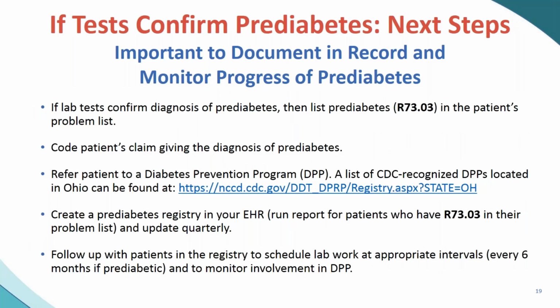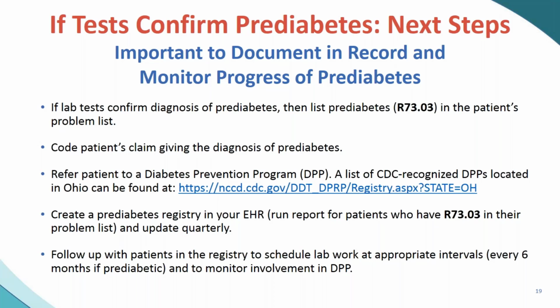The things that you want to look at here is, as we've talked about, the use of the EHR to effectively monitor these patients, and that's why we want to get that coding in at the time that you first see the patient, because then that allows you to go back and identify as the lab test comes back whether they are truly pre-diabetic.